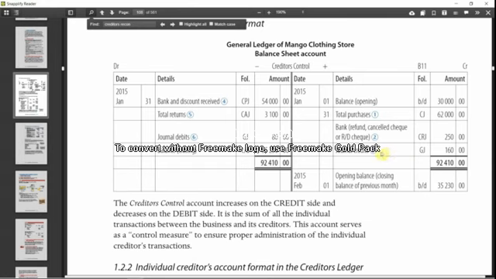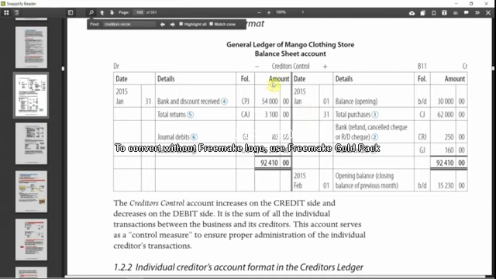Also, sometimes it is required that we transfer balances between the debtors and creditors ledger, especially when we buy stuff on credit from a supplier and that supplier also buys stuff from us. So sometimes we have to transfer the balances between the various ledgers.